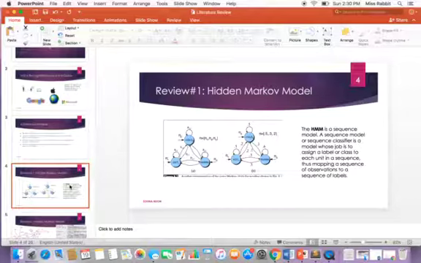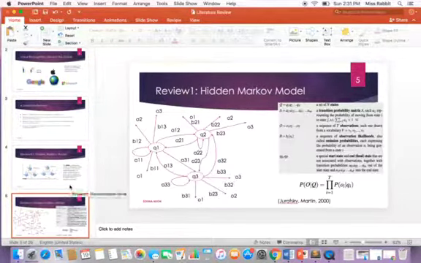Let's say John has been eating ice cream for 3 days within 7 days this month. So we can predict the next pattern, whether it will be cold or hot, depending on what caused John to eat the ice cream. So this is the formula for the hidden Markov model.